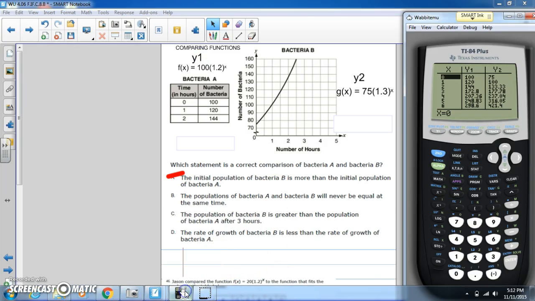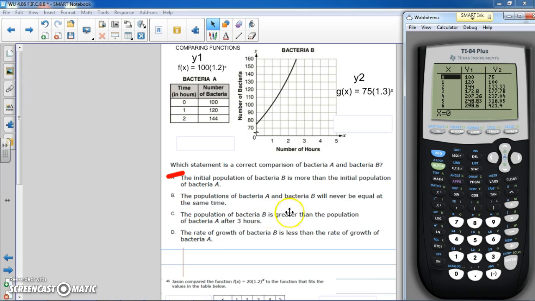All right, so now let's look at answer choice B again. The populations of bacteria A and bacteria B will never be equal at the same time. All right, so I'm looking through here. I see here bacteria A is larger than B. Still A is larger than B. Still A is larger than B. Still at 3, A is larger, I'm sorry.